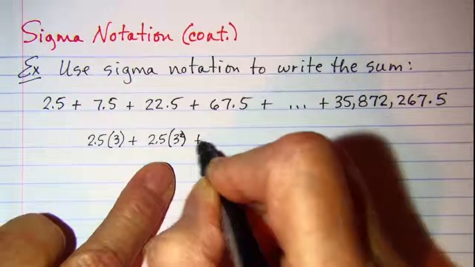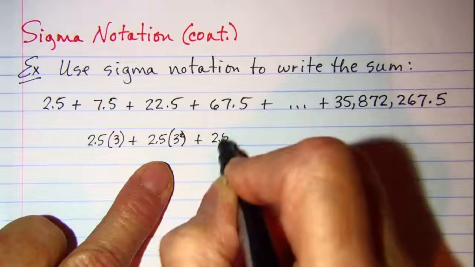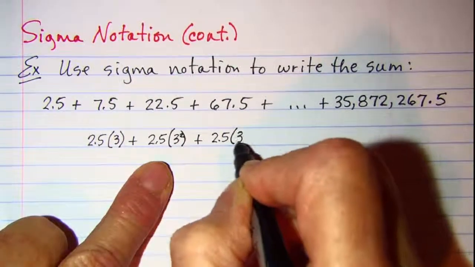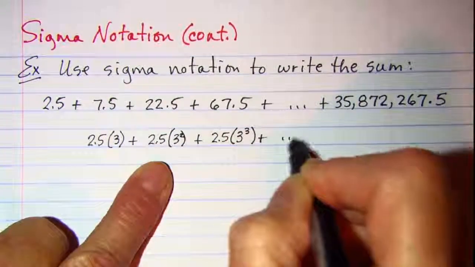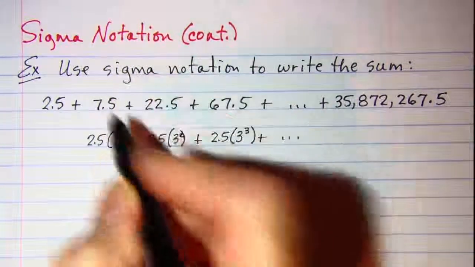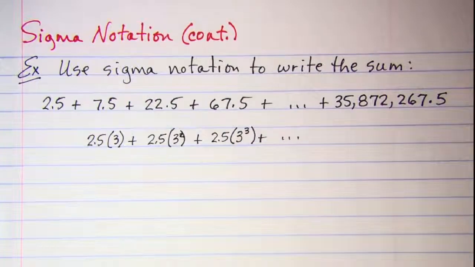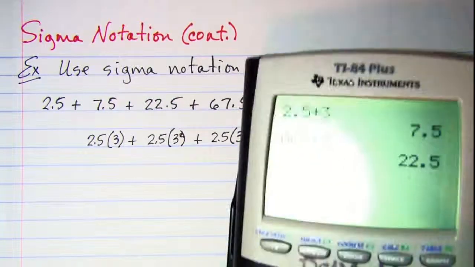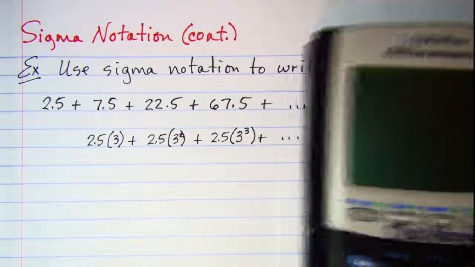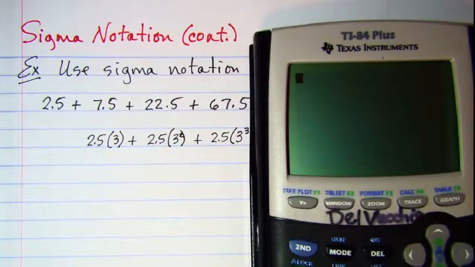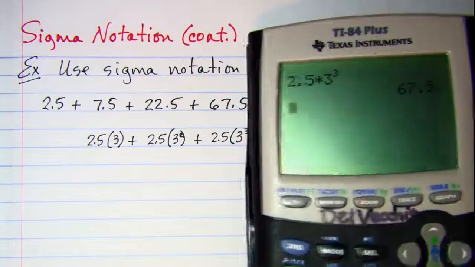And then this one will be 2.5 times 3 to the third power. Let me make sure that that gives me 67.5. 2.5 times 3 cubed is 67.5.